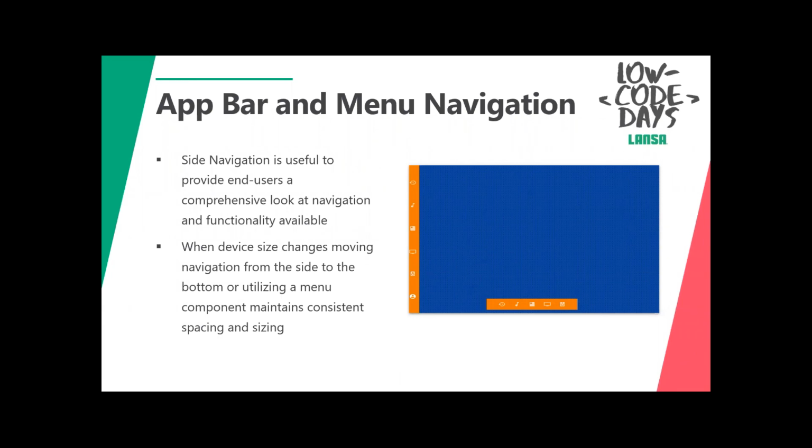And one of the things that make it very unique is that as the device becomes smaller, it can move more towards a bottom navigation, or you can move it towards just having a menu that will slide out.